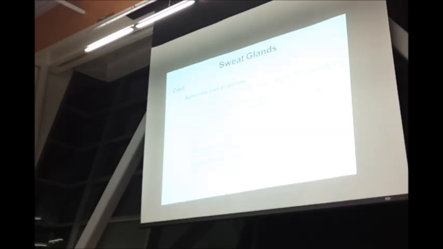Most of the sweat is 99% water, and the rest is mainly salt. This is why your sweat tastes kind of salty. Sometimes it has some other ingredients, a little bit of oil, a little bit of protein, but it is mostly just water and salt. So it is mostly watery, and it is used to help us cool down the body temperature.